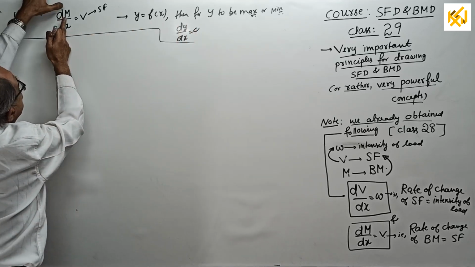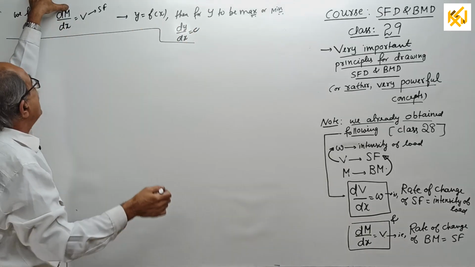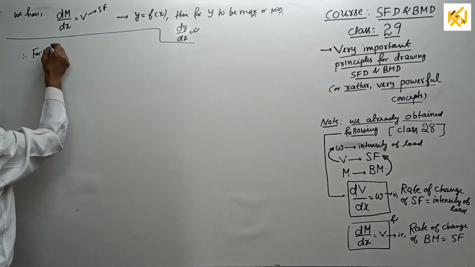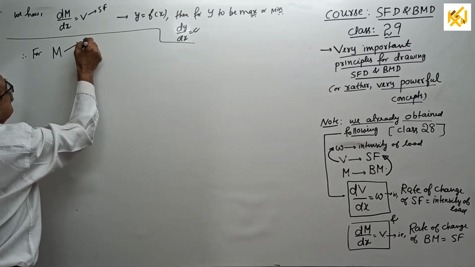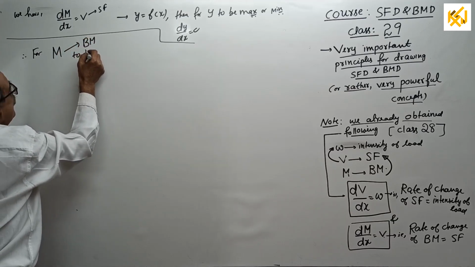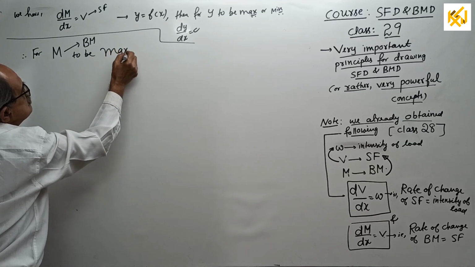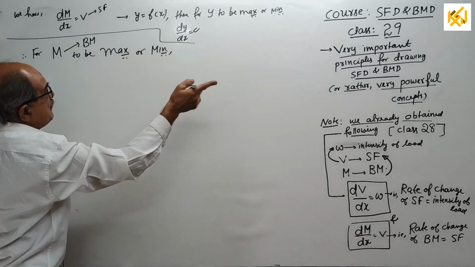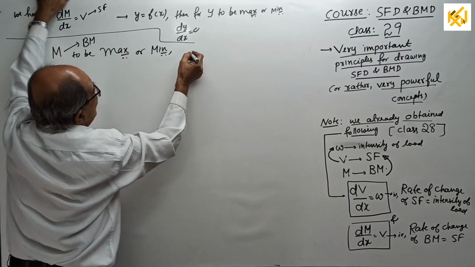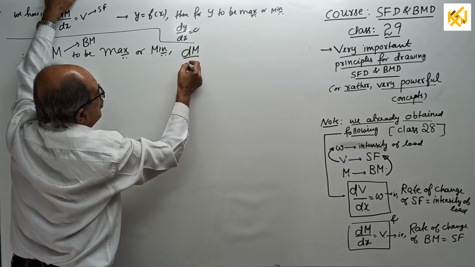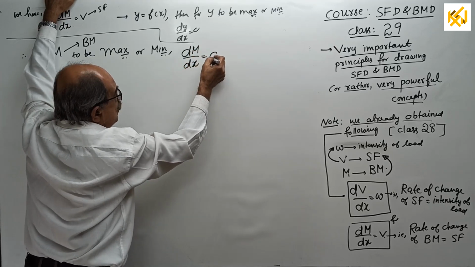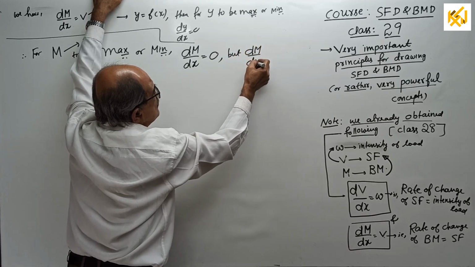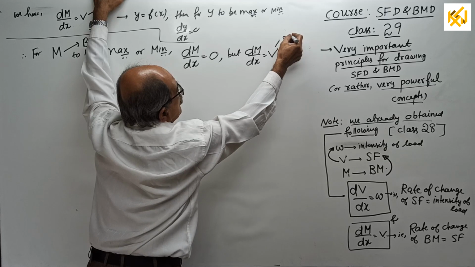Here also, m is an expression for bending moment in terms of x. So, for m, bending moment, to be maximum or minimum, I will give full clarification later. The condition is that dm by dx should be 0, but dm by dx equal to V, that is shear force.